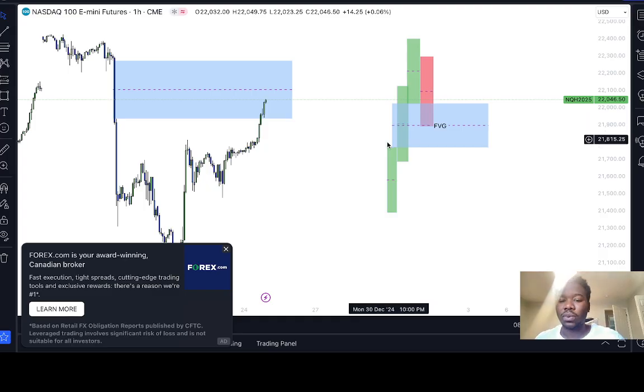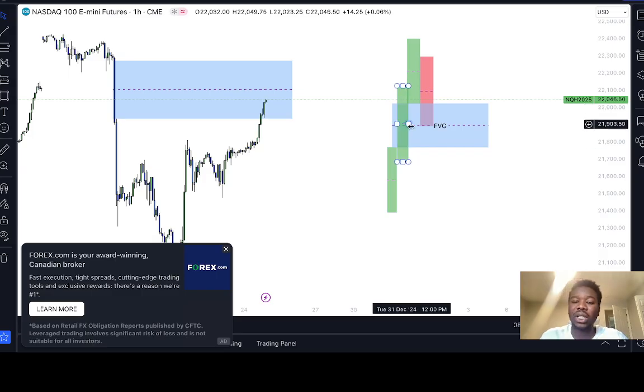So, first I have to say the fair value gap is formed with 3 candles. You know this. First candle, second candle, third candle. The gap in price is going to occur at the top of the first candle, the wick of the first candle, and the bottom of the third candle, the wick of the third candle, right?